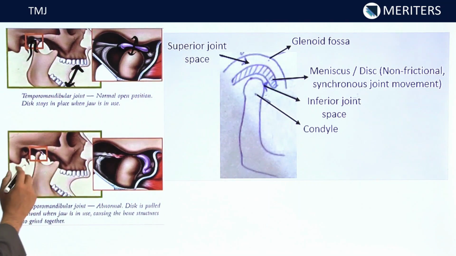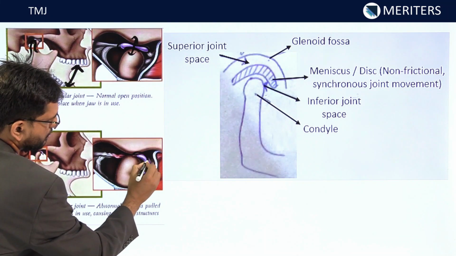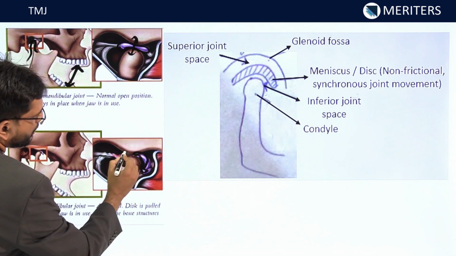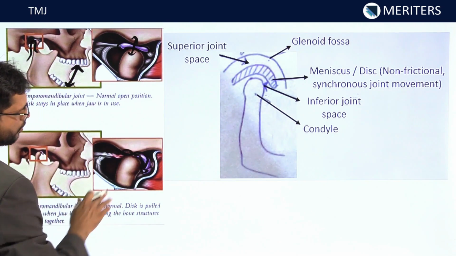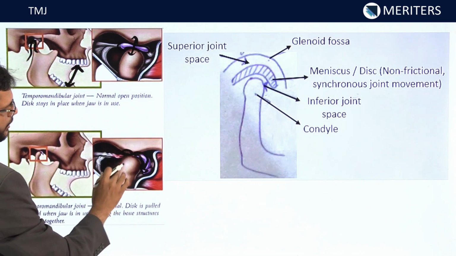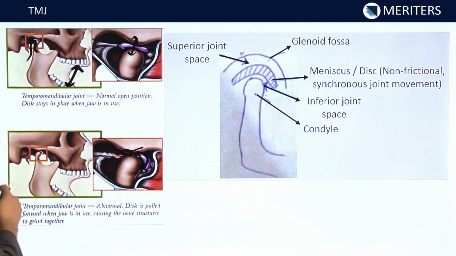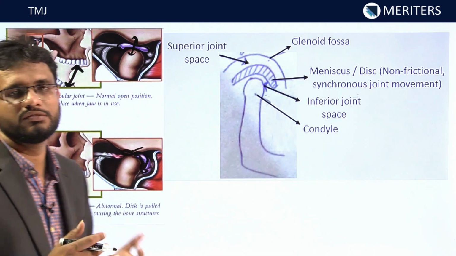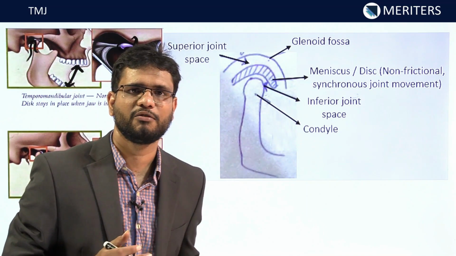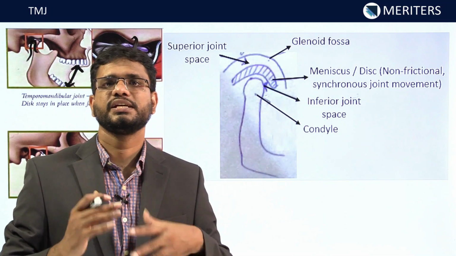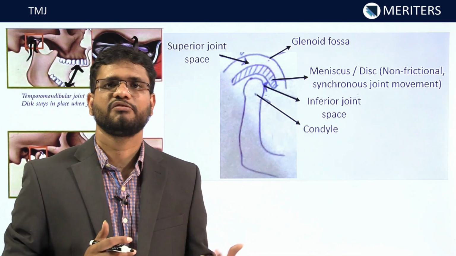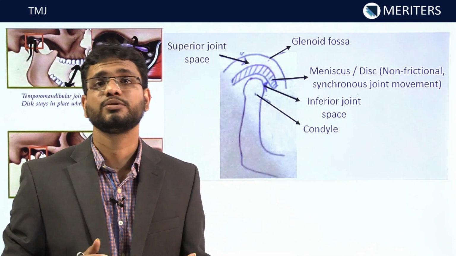What happens when there is anterior displacement is that the disc comes forward, and the middle part is not in contact with your condyle. During opening, the bones will have friction because the disc is not there to give the cushioning effect. So bones will have friction, and that can change the morphology, or the surface structures, of the bone, and that can lead to problems.